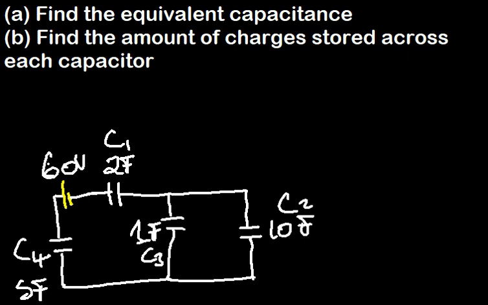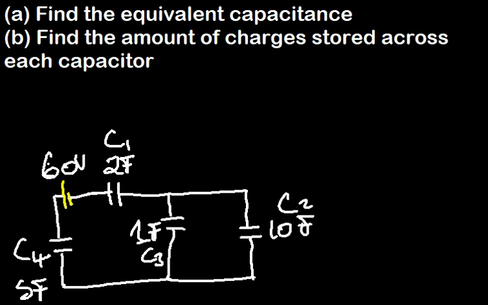Now we should understand that sometimes you can have capacitors connected in series, yet the circuit is actually a parallel circuit. Let's start with C2. C2 is connected in this wire, and it is alone there.